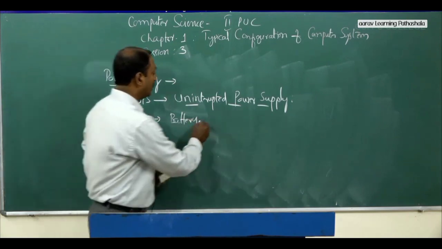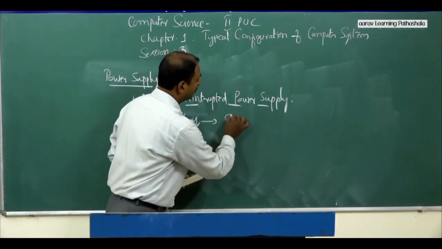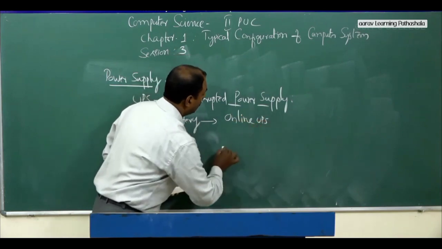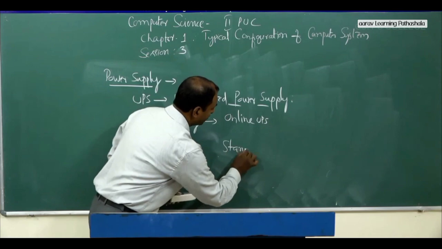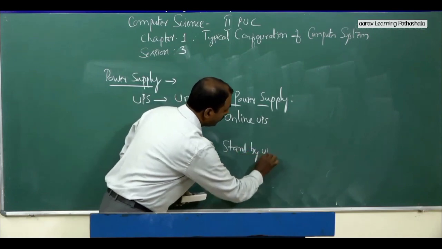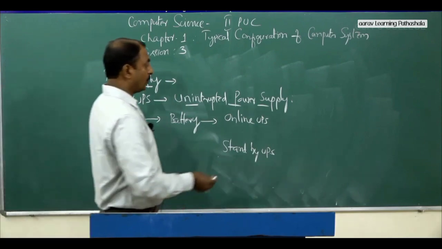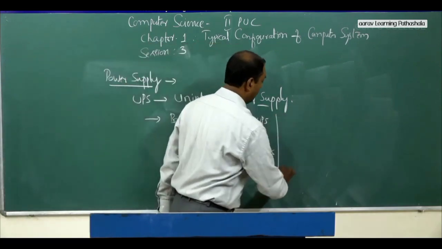There are two types of UPS. One is called online UPS, and the second one is called standby UPS. So what is online UPS? No doubt both of them work on battery.